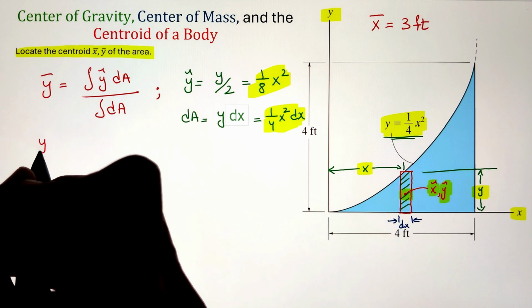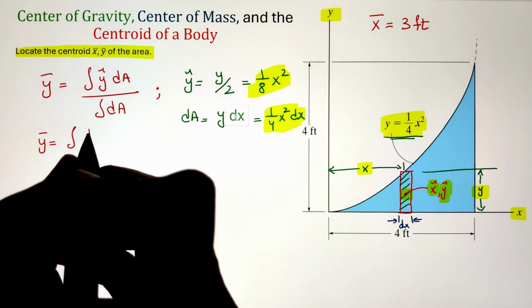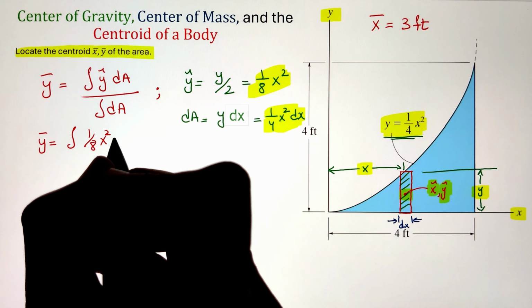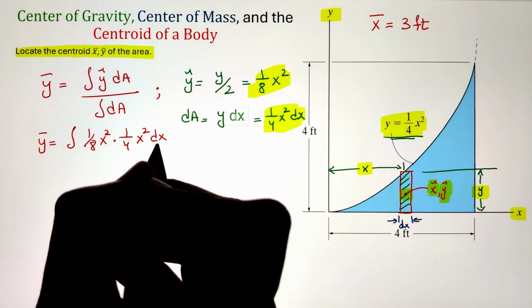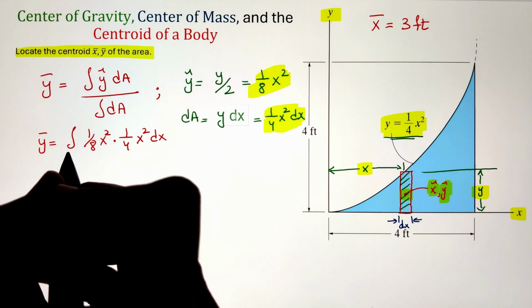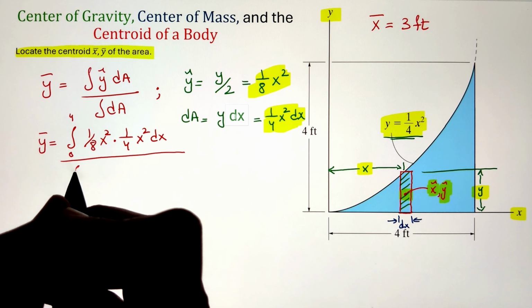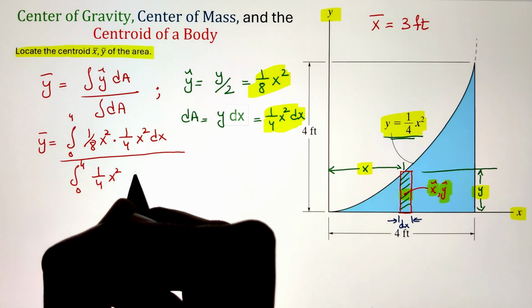Now let's go ahead and plug these values back into our expression of y bar and solve for the centroid. So our value of y bar is equal to the integration of 1 over 8x squared times dA, that is 1 over 4x squared dx, divided by the integration of dA, that is 1 over 4x squared dx.